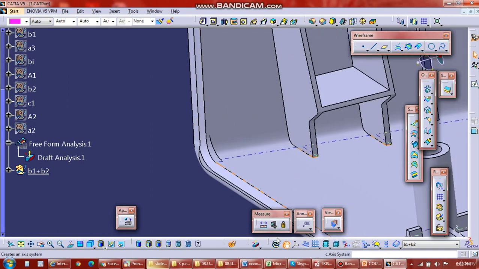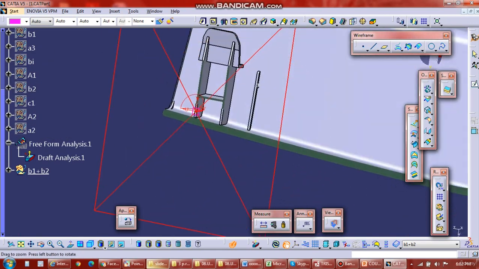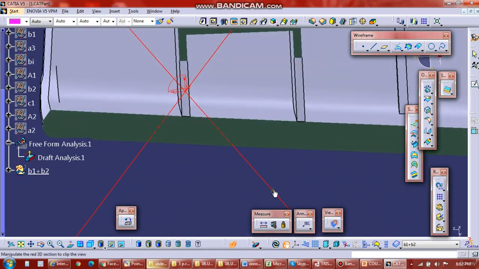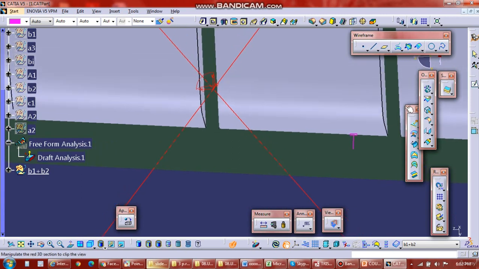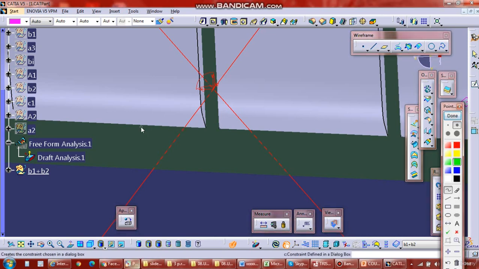If I take a section, this is your base part, with a thickness of maybe 2.5 mm, whatever the thickness. And this is your feature coming over this side. The thickness given at the root is our root thickness.